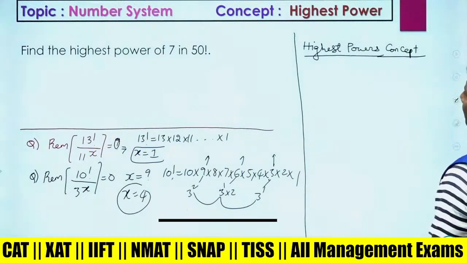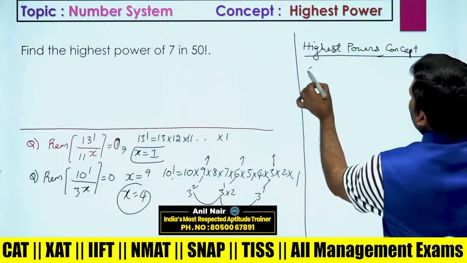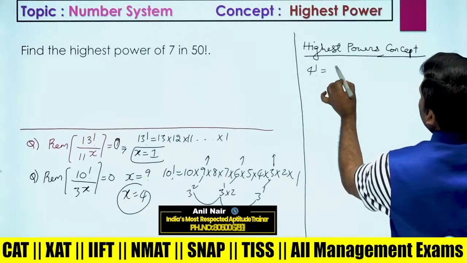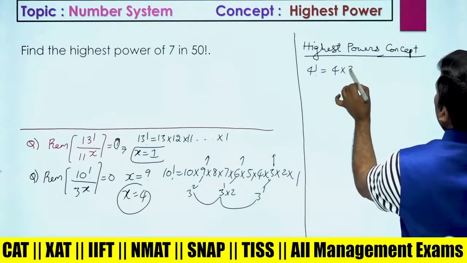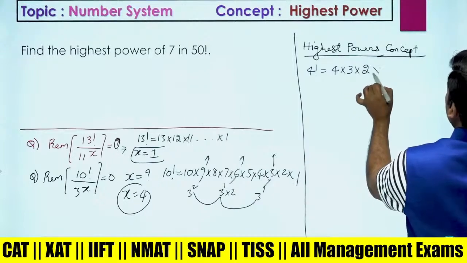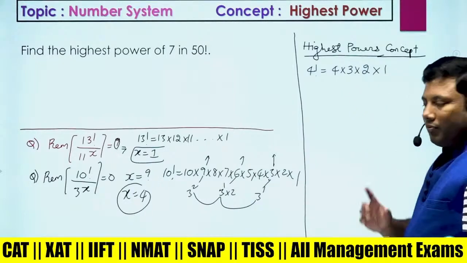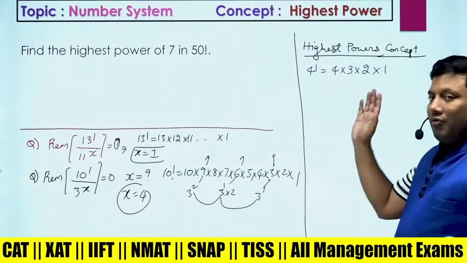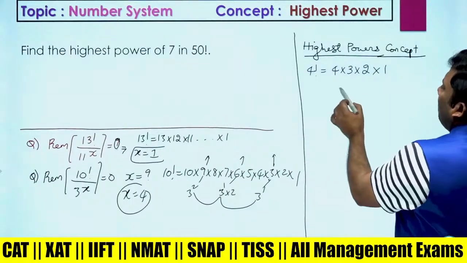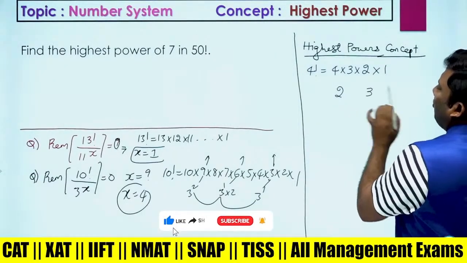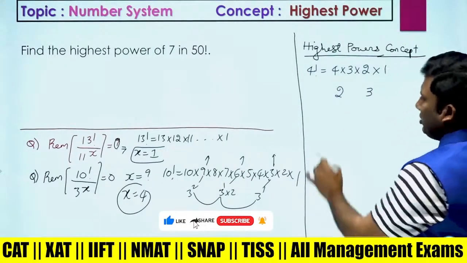Listen carefully. Suppose I write 4 factorial, it is 4 into 3 into 2 into 1. Step number 1. From 1 to 4, what are the prime numbers that are present? 2 and 3. First point.